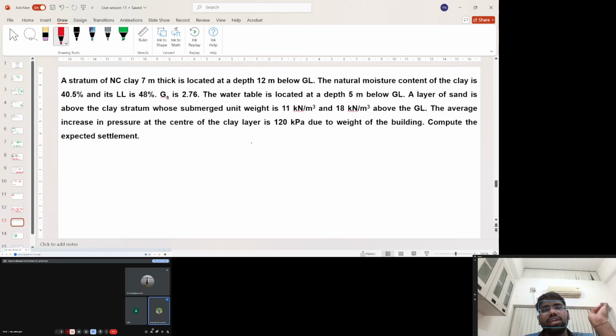The water table is located at a depth 5-meter below ground level. A layer of sand is above clay stratum whose submerged unit weight is 11 kilonewton per meter cube and 18 kilonewton per meter cube above the water table. The average increase in pressure at the center of the clay layer is 120 kPa due to weight of the building. Compute the expected settlement.